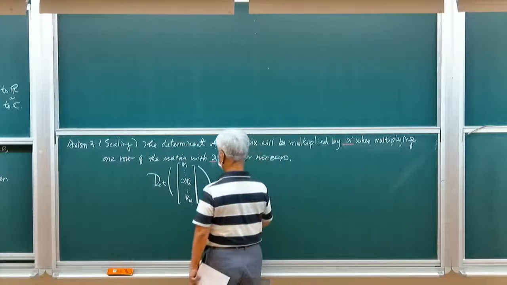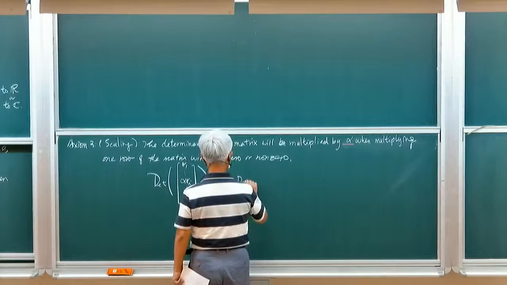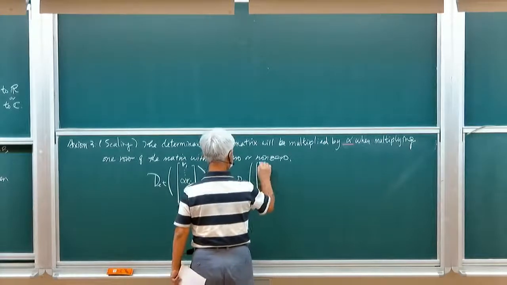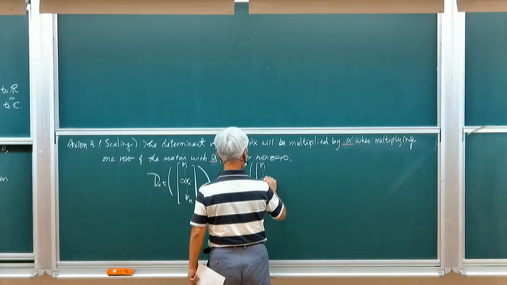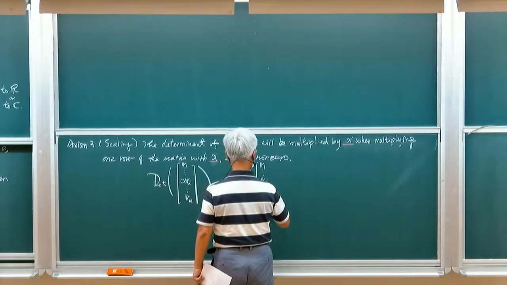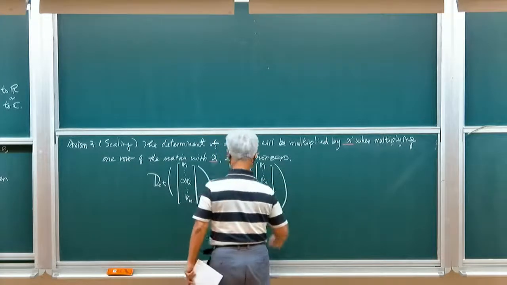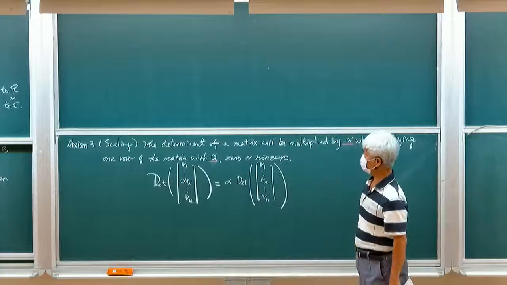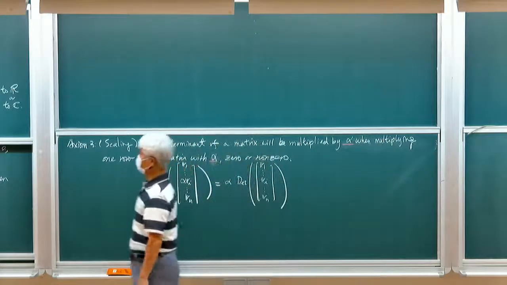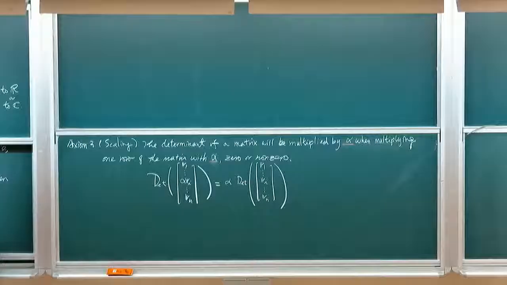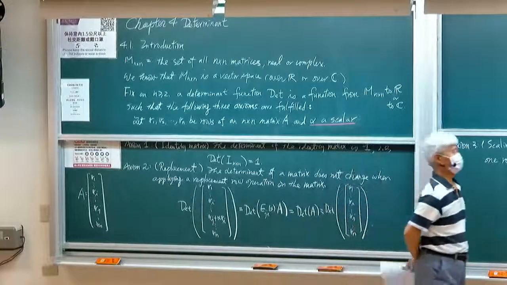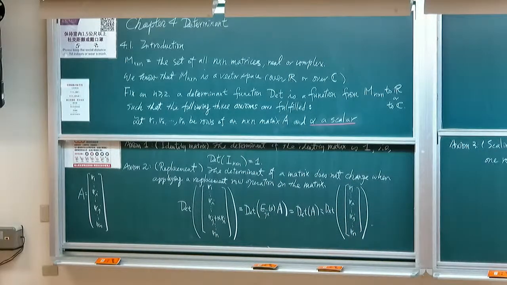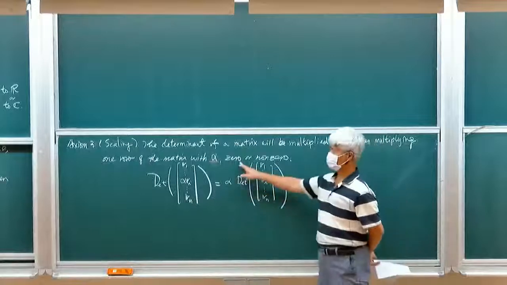So this is equal to alpha. The reason why I didn't use the SI alpha, the elementary matrix, is because the alpha can be 0.